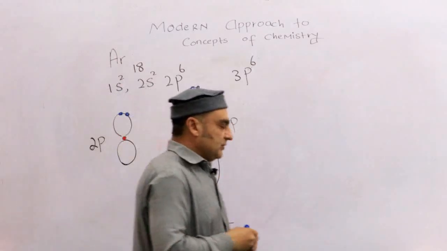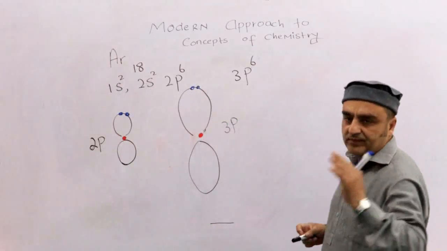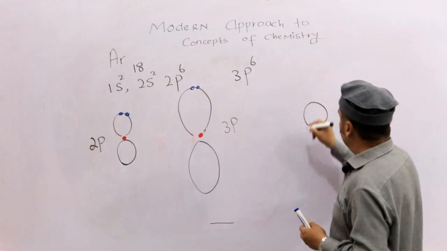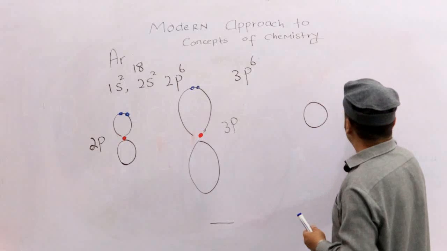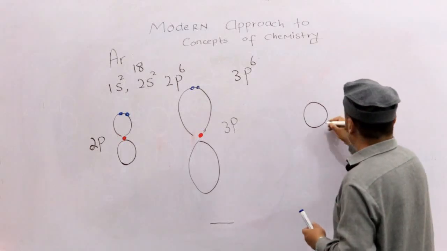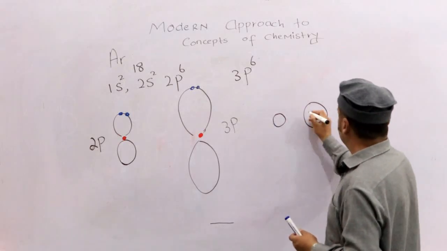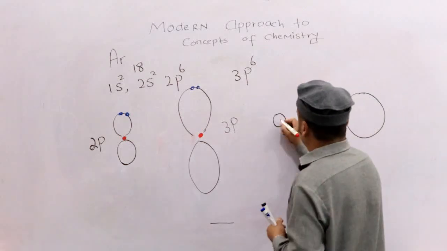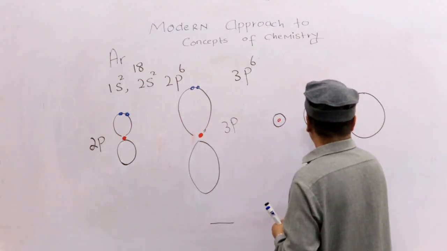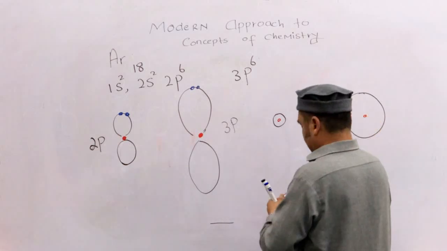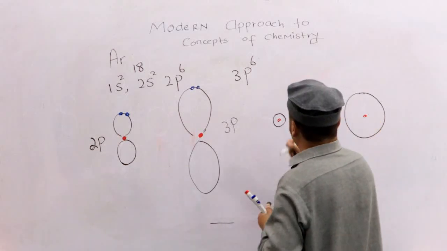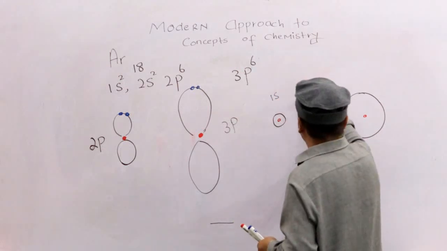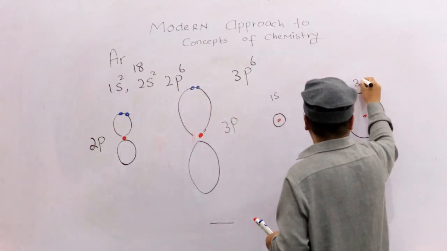The same I was supposed to draw for the 2s orbitals when we were comparing. Suppose this is 1s, this is 2s and this is 3s. Let me again tell you, with reference to the electron, these are the nuclei: the 1s orbital of the previous example, 2s and 3s.